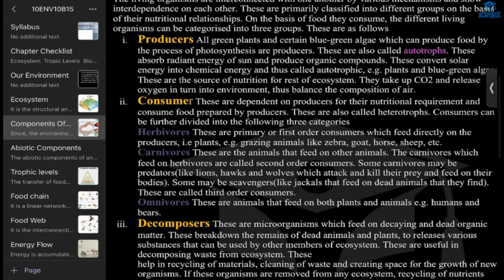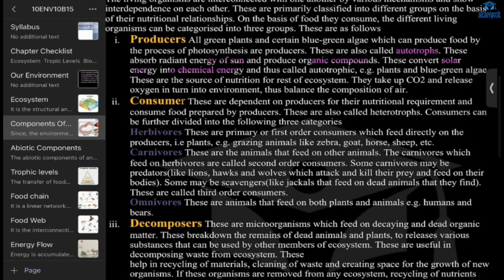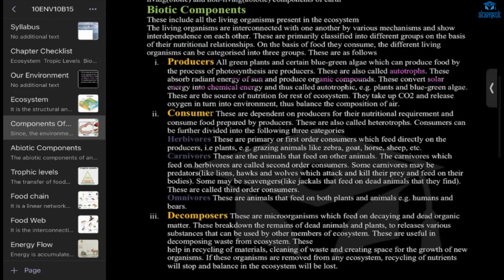They absorb the energy of the sun and produce organic compounds, and they convert solar energy into chemical energy. Examples: plants, blue green algae. This is the source of nutrition for the rest of the ecosystem. Also, they take in carbon dioxide.